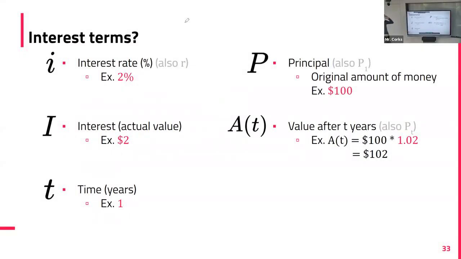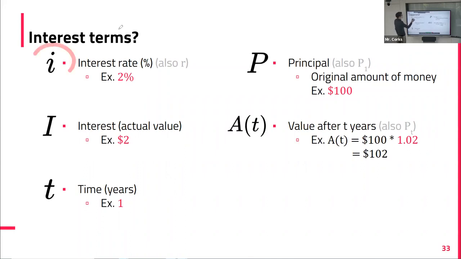We are going to need a few different terms to talk about this. I'll talk about the numbers next time, but for today, I'll just introduce the terms. So lowercase i is our interest rate, which is always expressed as a percentage applied to whatever the base thing is.